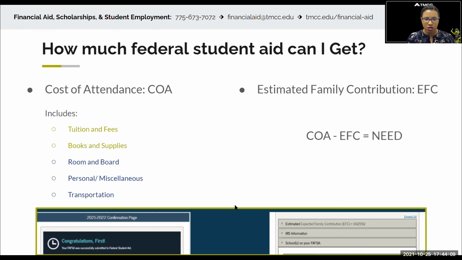So that overall cost of attendance, all those 5 categories, minus that estimated family contribution that you get from the FAFSA, that is your need. So students who either their EFC is far above the cost of attendance, so they don't have any need, they can still get aid in scholarships or non-need grants or student loans, but we don't want to do that.